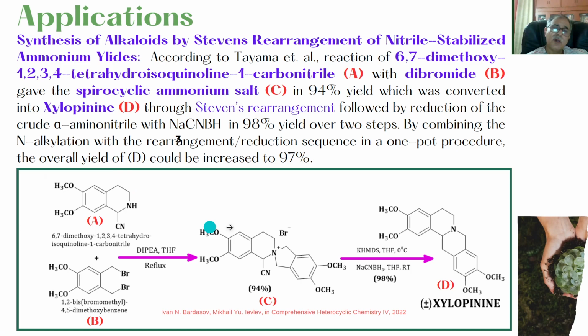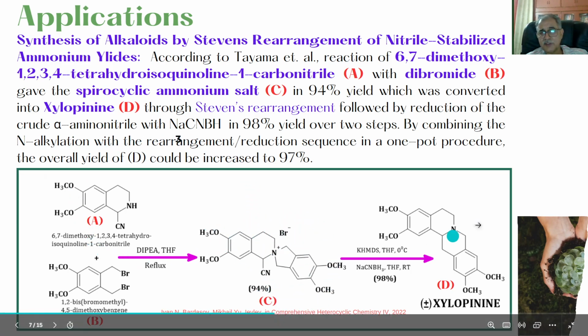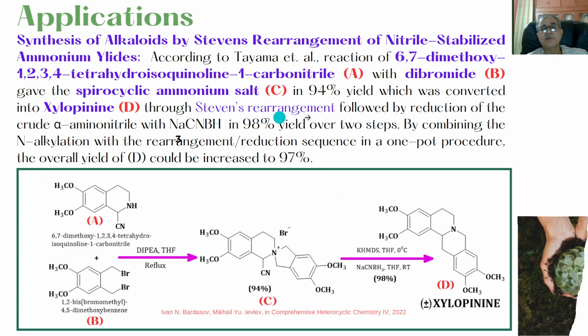So the conversion of this into this is again a step which passes through Stevens rearrangement.